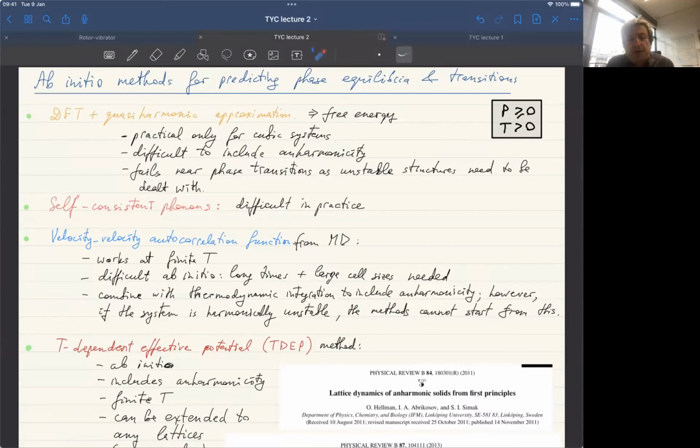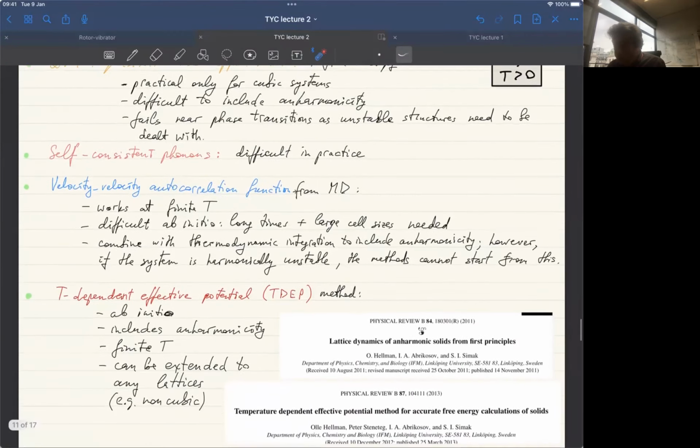You can improve on that method using thermodynamic integration, but again, this is a rather complex method, which requires a lot of compute resources. And yet there is one more method which may be more appropriate for a general crystal with a structure which is not quite as simple as the cubic structure. So here are a few references to this method, and I will try to explain to you the main ideas of this method.